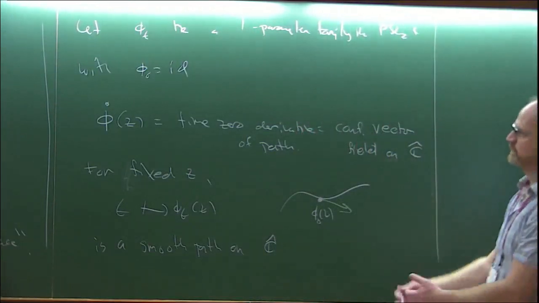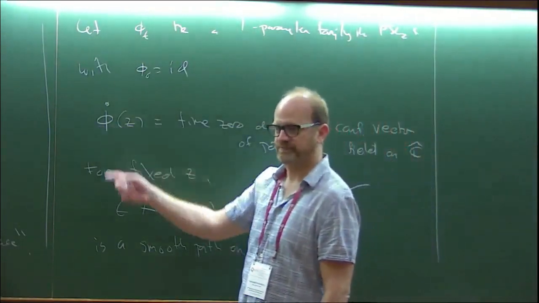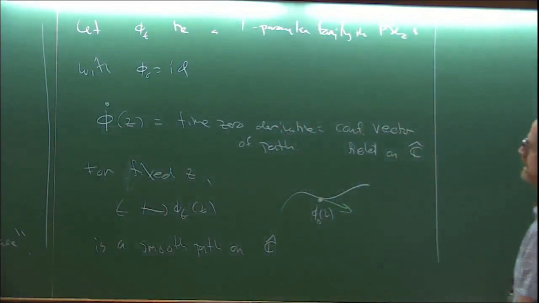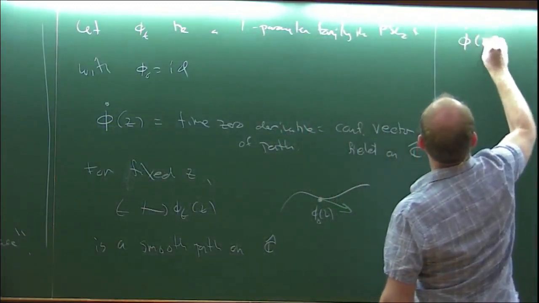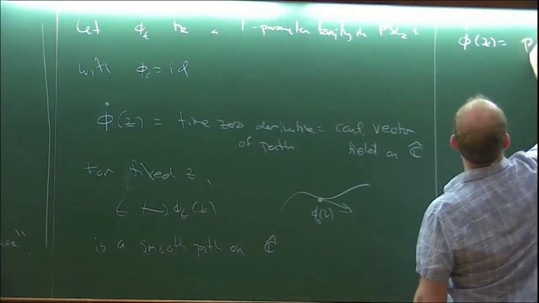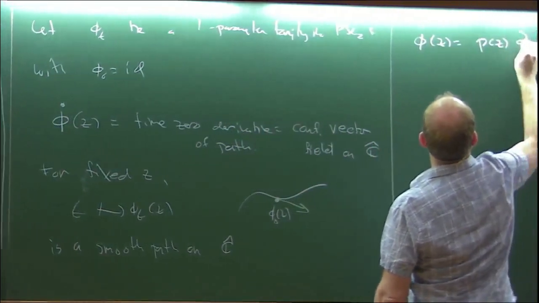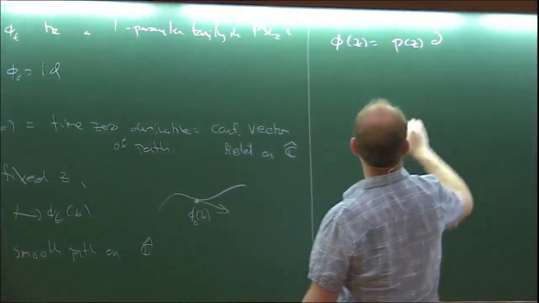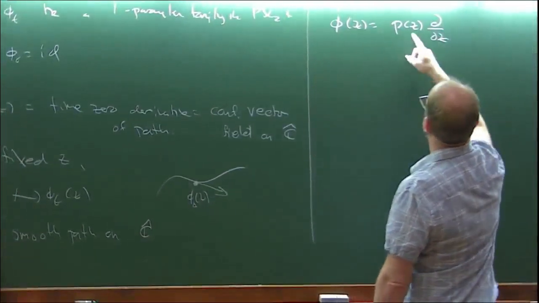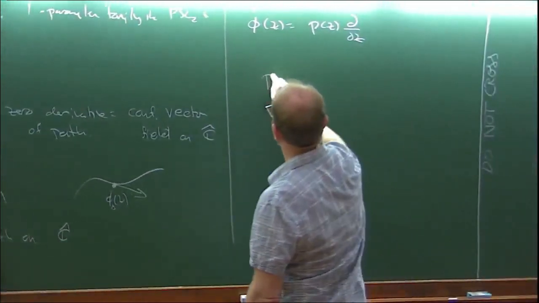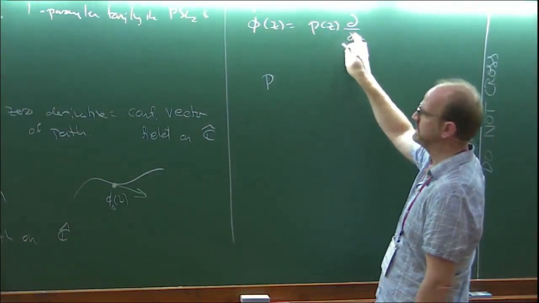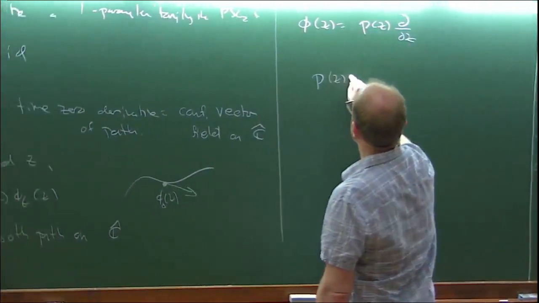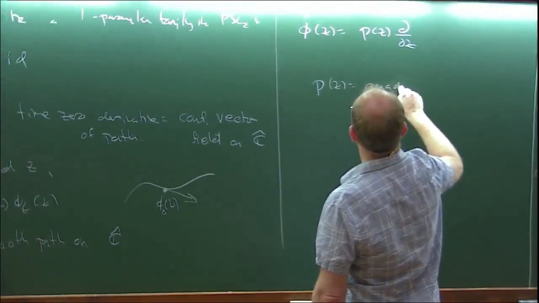And it's a vector field whose flow is a family of conformal maps. So in particular, what I was saying before is that phi dot of z will be given by a vector field where we take some function times d dz, where p of z is a quadratic polynomial.